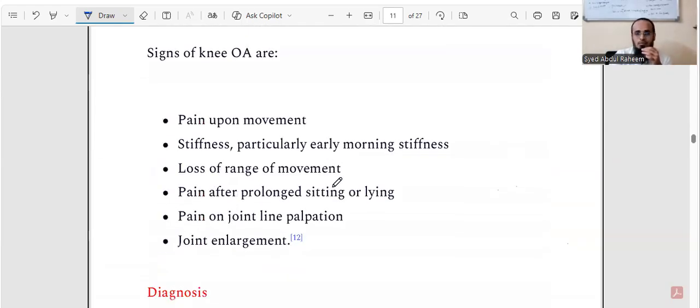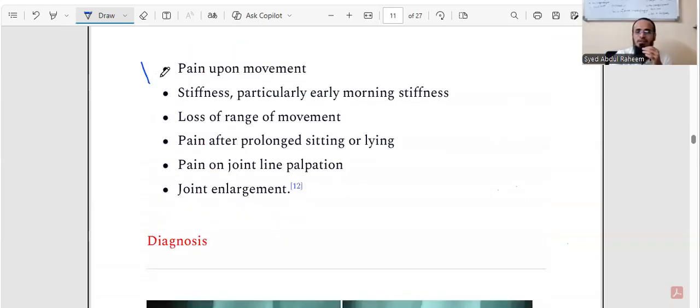So how does the patient come to your clinic? He has pain upon movement, stiffness, mostly early morning stiffness. Whenever a patient with a joint problem comes to your clinic, you have to do 4 to 5 types of movement: extension, flexion, abduction, medial rotation, and lateral rotation.